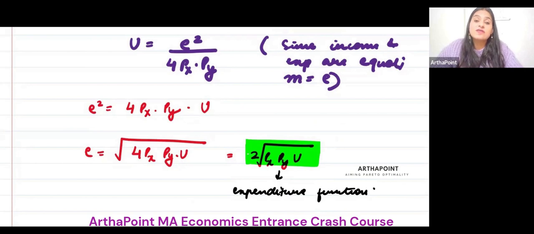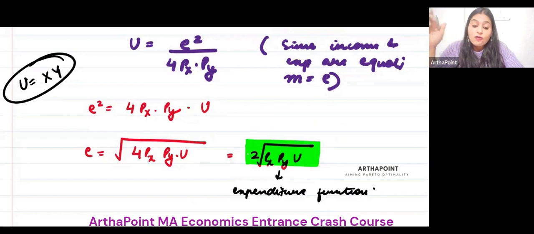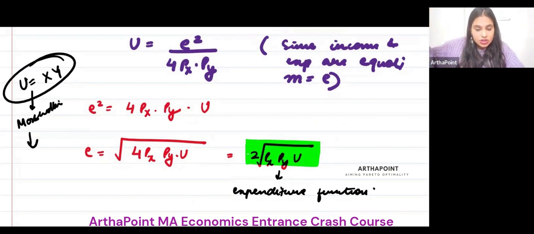You have to see where we started and where we have reached. We started with direct utility function. सिर्फ x u is equal to xy given था. From direct utility function, we derived Marshallian demand. We put that Marshallian demand back and we got indirect utility function.